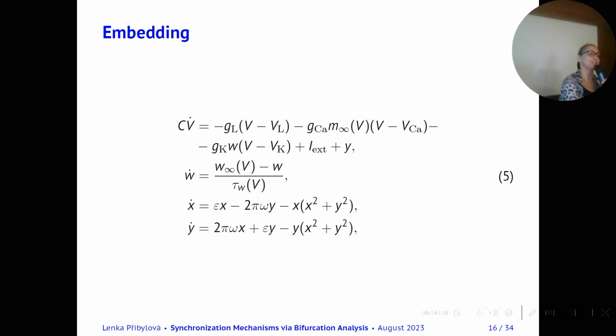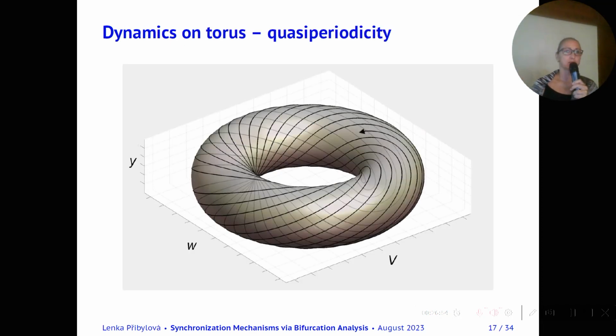And when we make a connection, the coupled system makes some movement on a torus. So you can see here the projection into 3 dimensions.